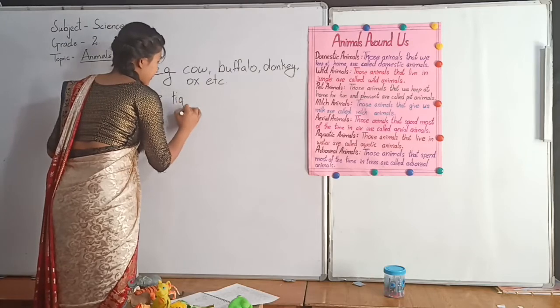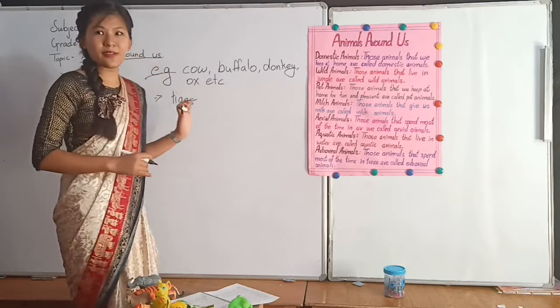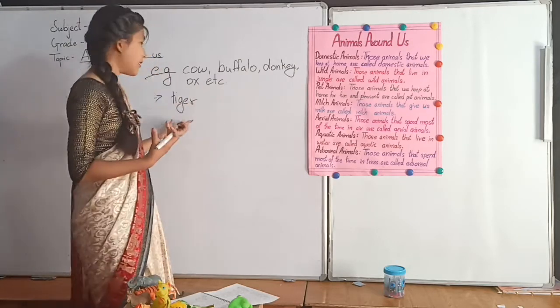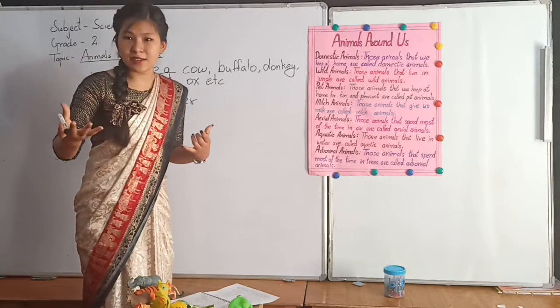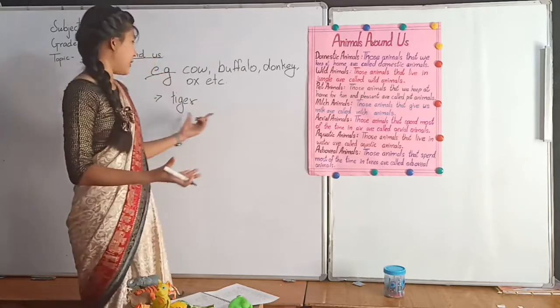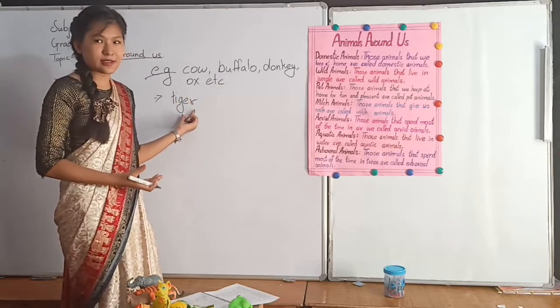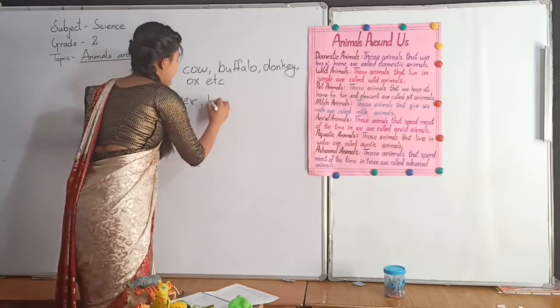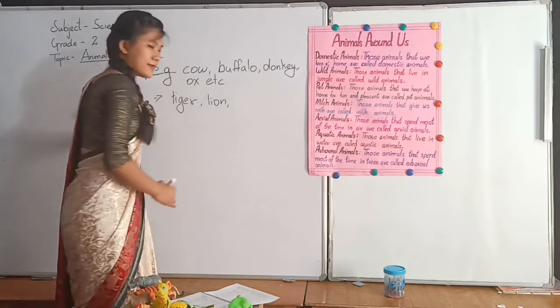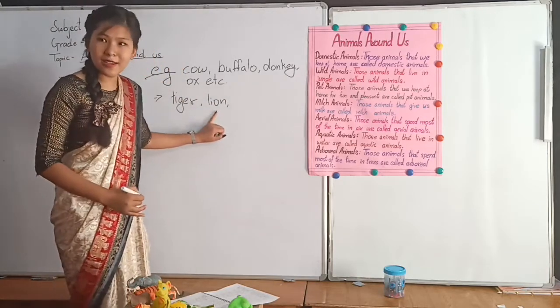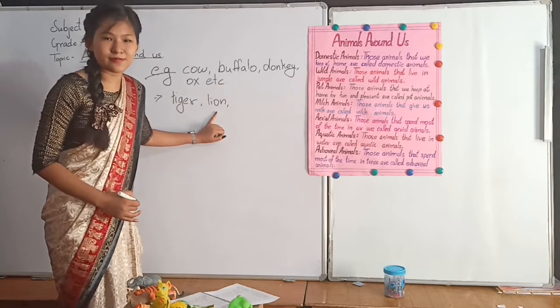Tiger. We all have seen tiger on TV or in the zoo. It is a very dangerous animal, and tiger lives in jungle. Next example is lion. Lion is also a wild animal.